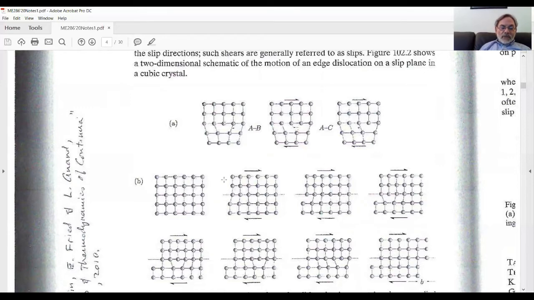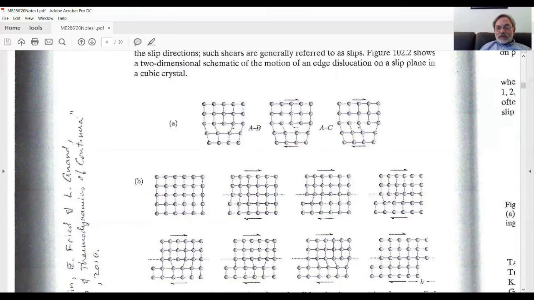Let's suppose for the moment that this shear induces a non-uniformity in the local deformation of the lattice. We'll come back to that point in a moment. The shearing of the lattice will stretch this bond, let's say here, to the breaking point. The bond breaks. This adjacent bond is then stretched as well.